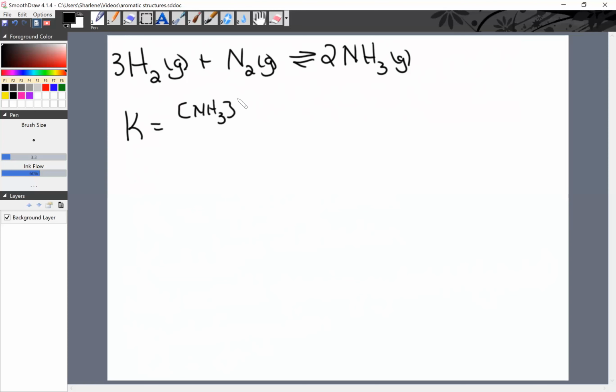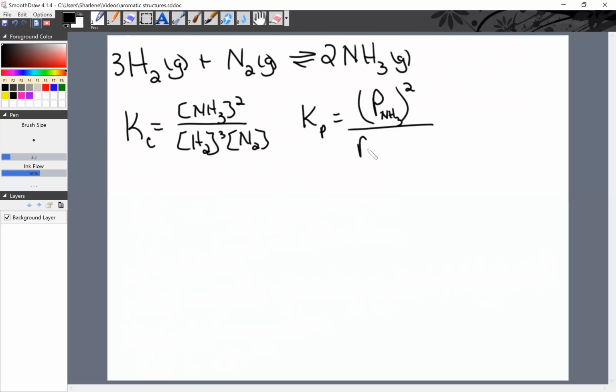So I could put them in molarity, which is absolutely fine. And I could put the subscript C. But I could also put a subscript P, and I like to do a capital P with a subscript just so it never messes me up. So the pressure of ammonia over the pressure of hydrogen cubed, the pressure of nitrogen.